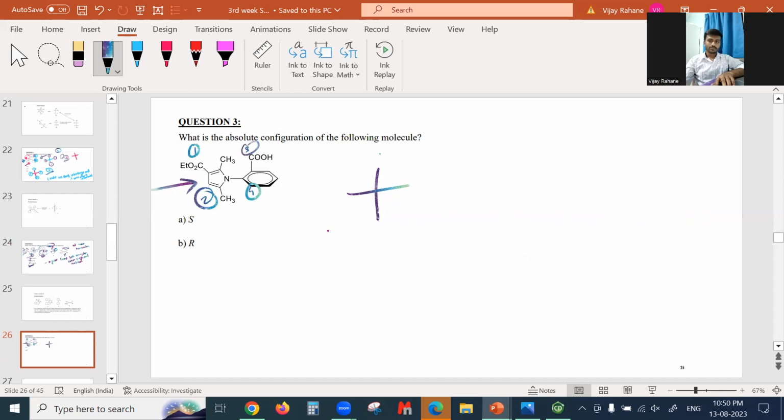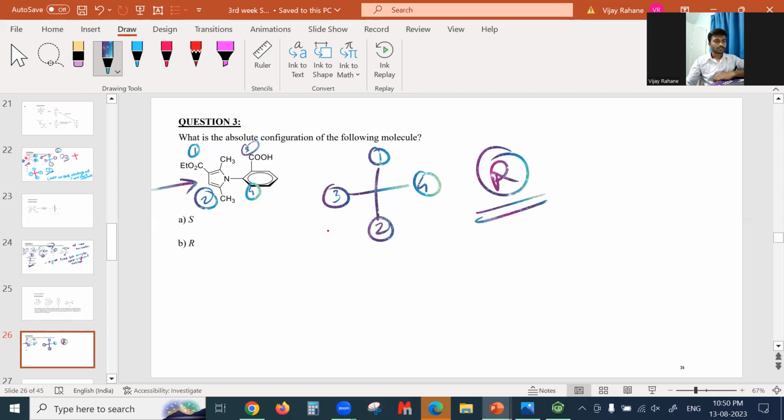So the 1, 2 will be the top, bottom. This fourth is coming front side. So this fourth will be like this, and third will be like this, right? And we just need to give the numbering, and we know how to visualize the molecule here. We can visualize from this way, or we can visualize from this way also. That also doesn't matter.